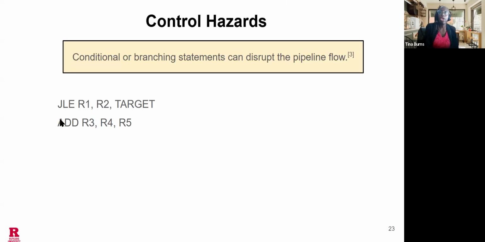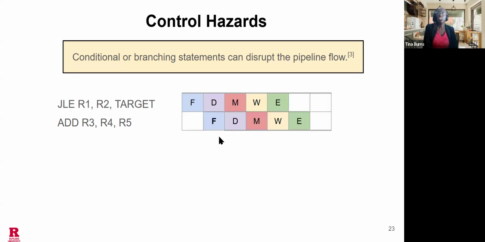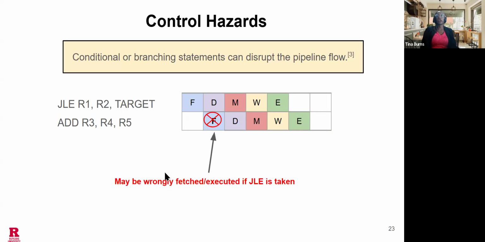This would normally only happen if the branch is not taken. But if it is, and I start fetching this instruction, it creates a problem, because this may be fetched or executed improperly if that other branch of the program is taken. That is what we call a control hazard.